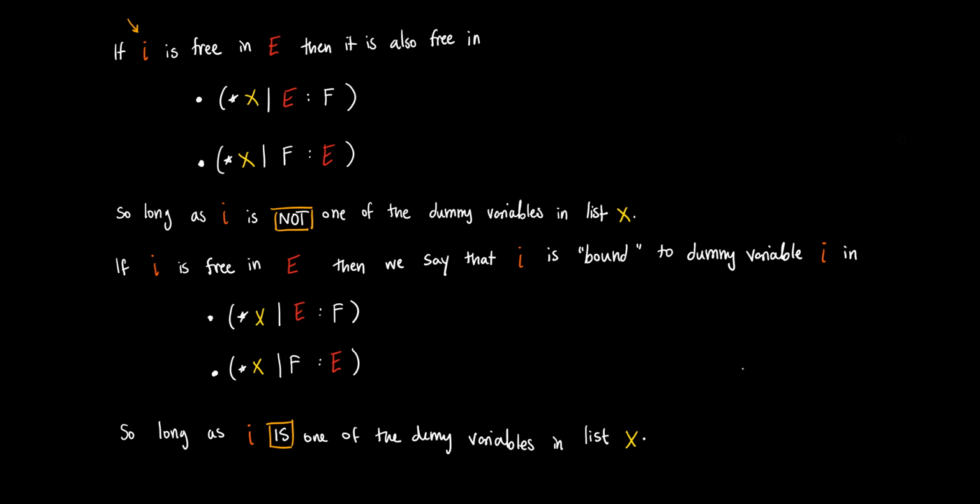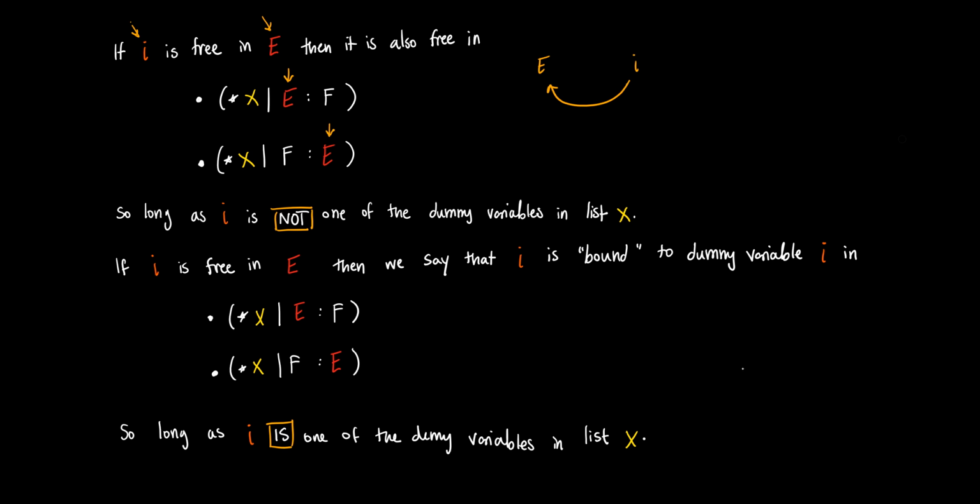So we would say in general for some I, if I is free in some expression E, then it is also free in these two expressions, so long as I is not one of the dummy variables in list X. So what that really means is, okay, we've got some I, we've got some expression E. We're assuming the expression E contains I. Okay, so E is some expression that contains I. It might not contain I, but basically as long as I occurs free within E, it's easier to think of it like an expression that contains I, then we're going to be guaranteed that if E is the range of your quantification, and there's some I in here and it occurs free, and it's not also in this list, then it's free in your quantification.